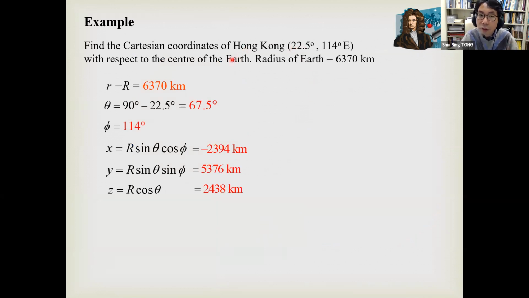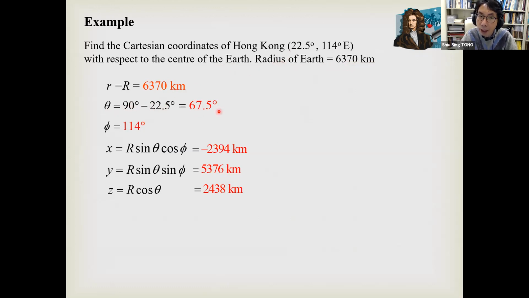Now, if you are given the latitude and the longitude of Hong Kong, you can easily convert it into spherical coordinates. You know the mean radius of the Earth is 6,370 kilometers, so that is fixed. You can find the polar angle by subtracting the latitude from 90 degrees.